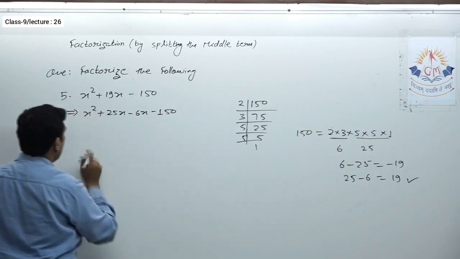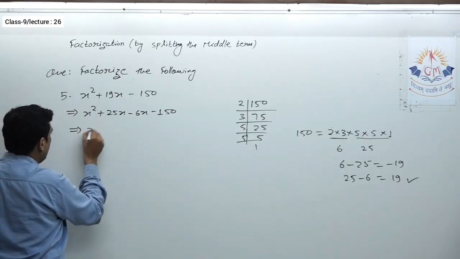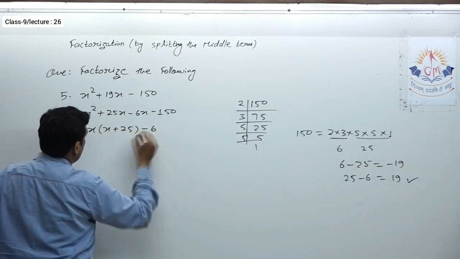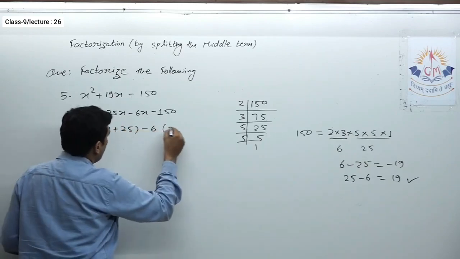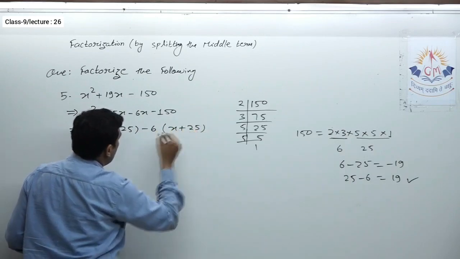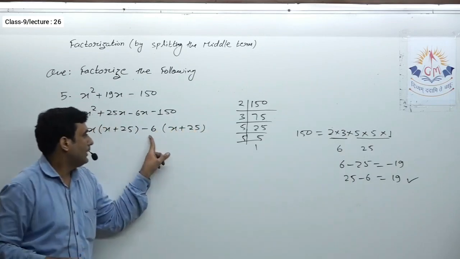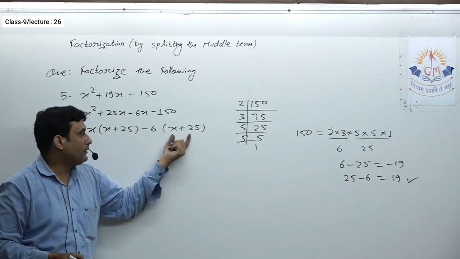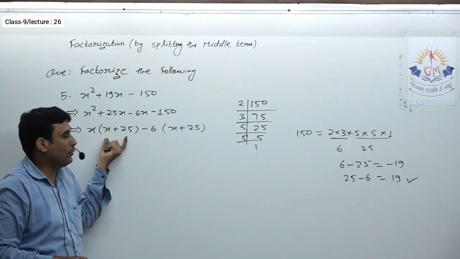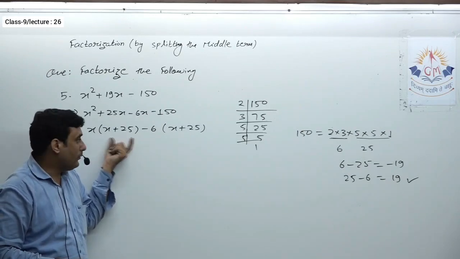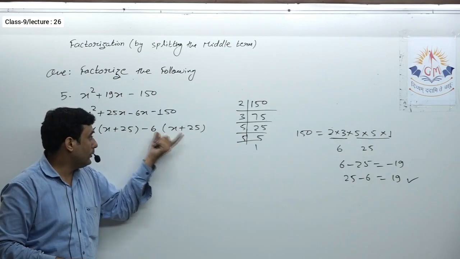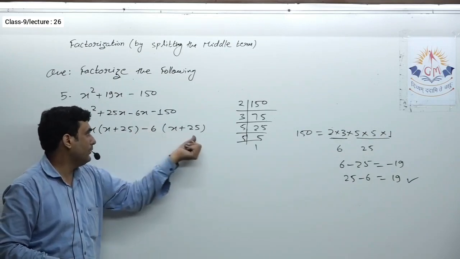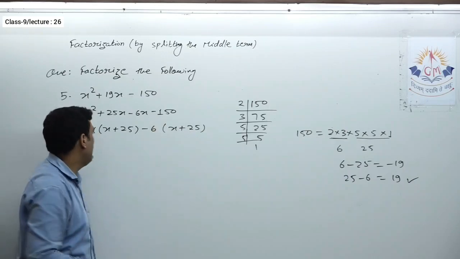Okay, now from these two I can take x common, so here I get x plus 25. From here I can take minus 6 common, so again I get x plus 25. Let me confirm whether this product is correct: minus 6 into x is minus 6x, minus 6 into 25 is minus 150.